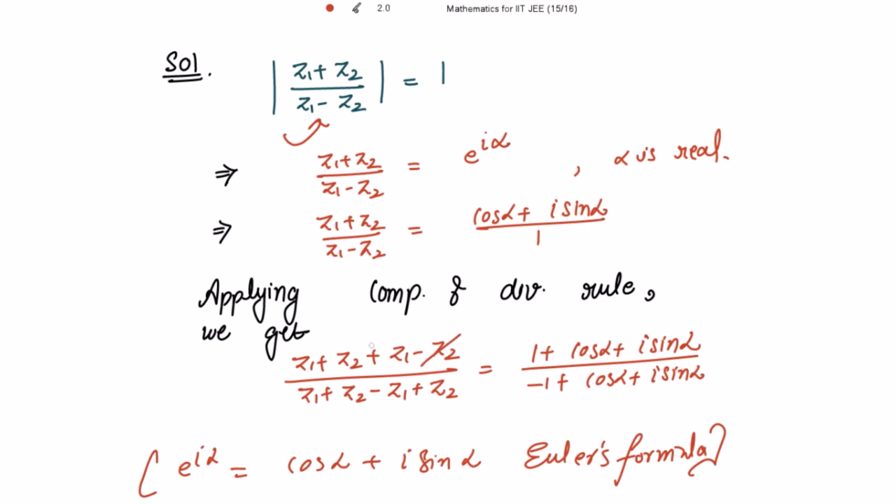Okay, so z2 and negative z2 cancelled out, z1 and negative z1 cancelled out. We get twice of z1 divided by twice of z2. So this 2 and 2 is also gone. So the ratio z1 over z2 is equal to 1 plus cos of alpha plus iota sine of alpha divided by negative 1 plus cos of alpha plus iota sine of alpha.